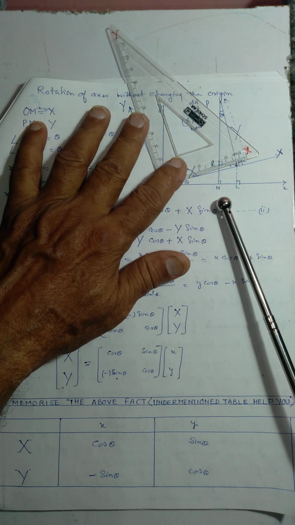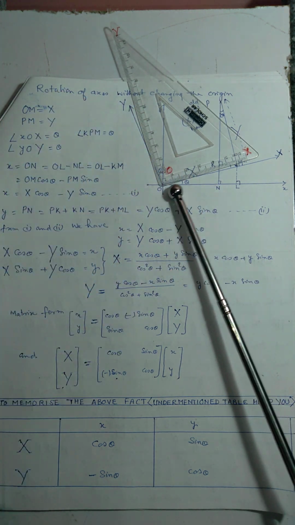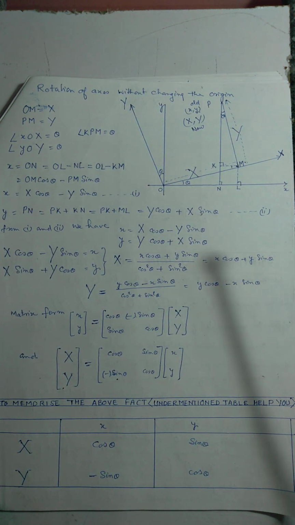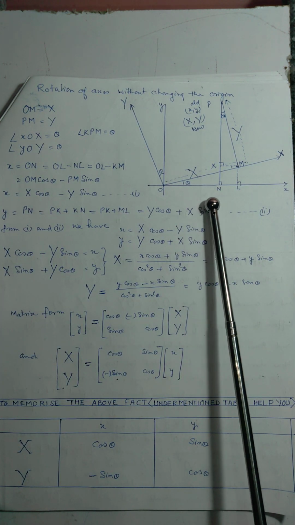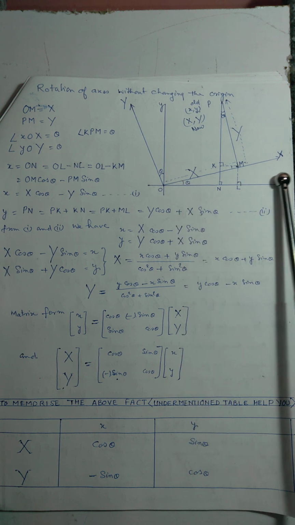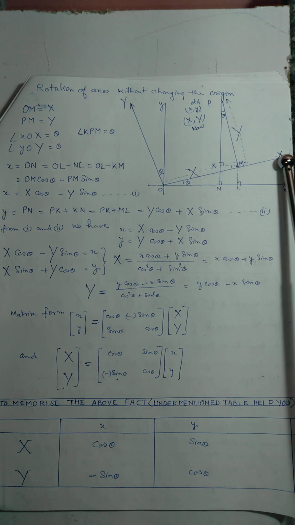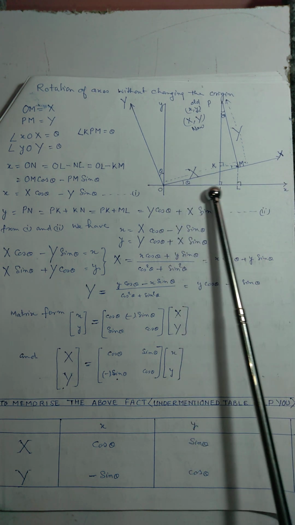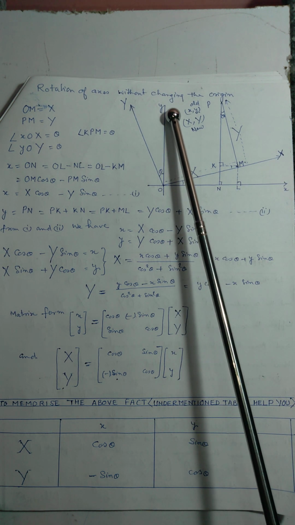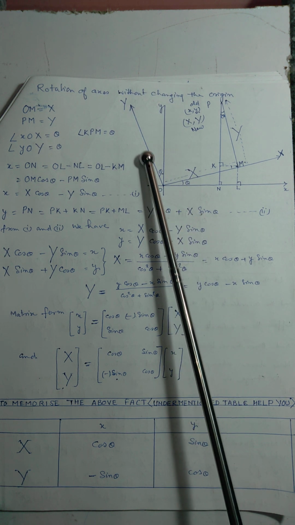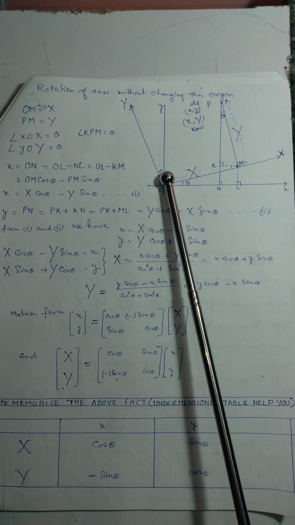You see this theta is visible here. In this way, the axis has been rotated by theta degree. Between O capital X and O small x there is a theta angle. Similarly, between O small y and O capital Y, again there is a theta angle.